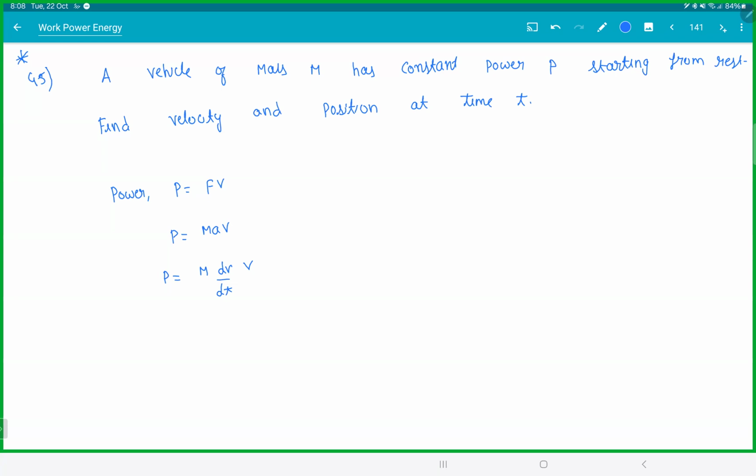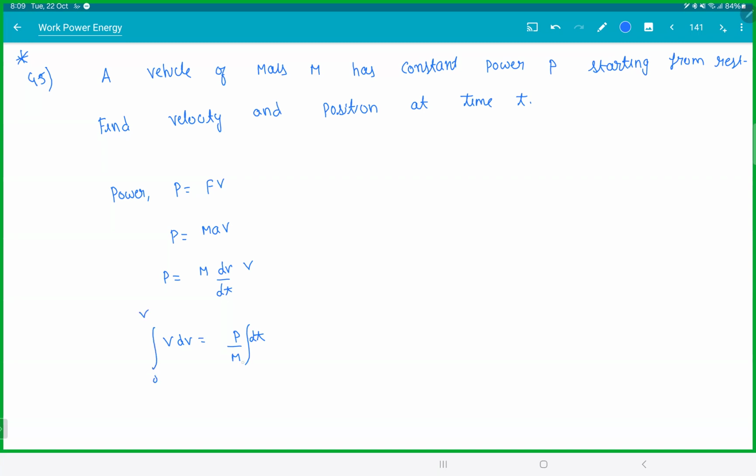Get the position also. Yeah, let's see. So if we integrate this, v dv is equal to P by m dt.